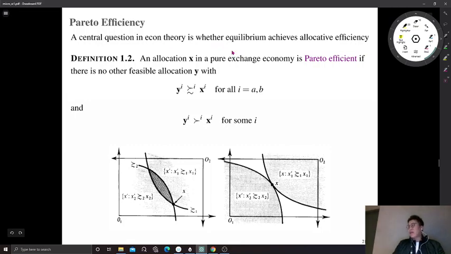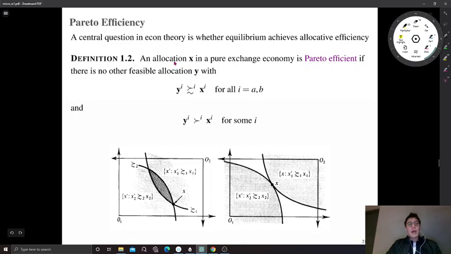All right. And in order to tell whether one allocation is efficient or not, we needed the following notion, the so-called Pareto efficiency. When it comes to Pareto efficiency, I think you guys have studied this concept in intermediate micro class. But to remind you of that concept, here is the definition of Pareto efficiency.